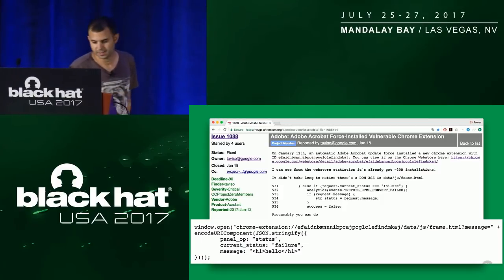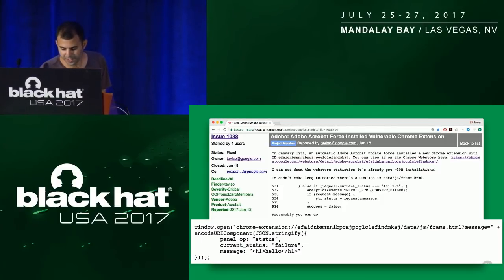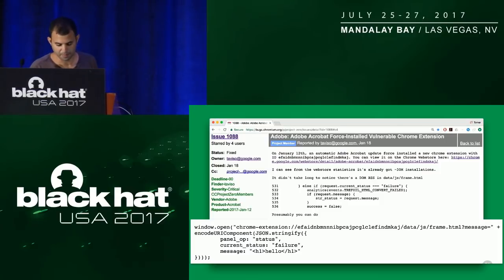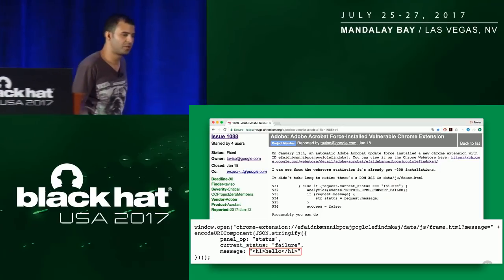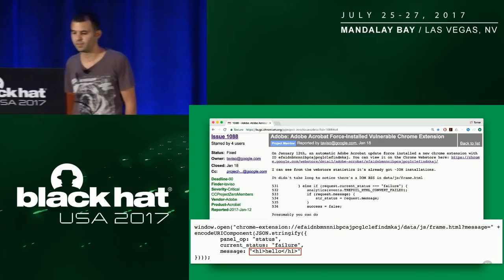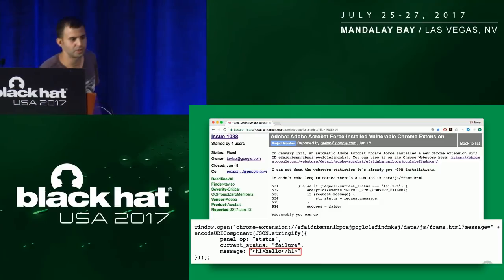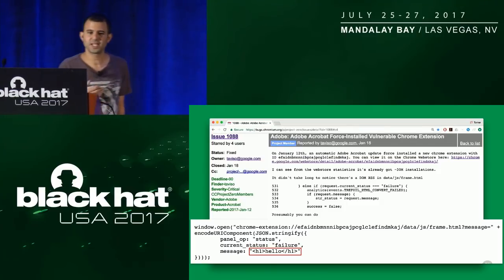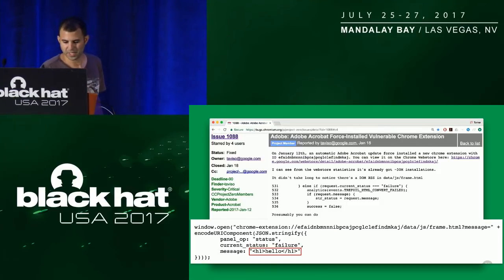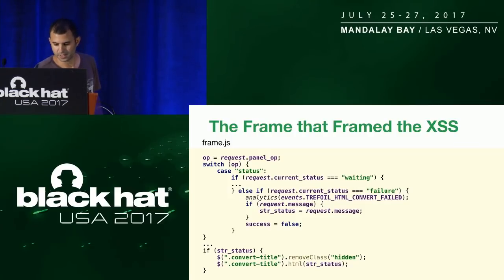We can see that the vulnerability lies in an extension page called frame.html, and our payload is inside a parameter called message. If we put HTML here, it runs on the extension page. Now, this vulnerability almost allowed universal XSS, but it didn't, at least from what I tried.